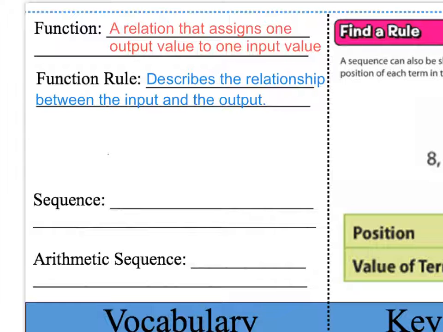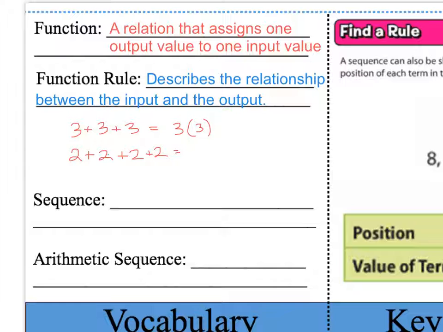So let's go ahead and talk about some basic rules. If I have 3 plus 3 plus 3, that's repeated addition. But another way that I could write that would be equal to 3 times 3. I could also write 2 plus 2 plus 2 plus 2 as repeated addition.